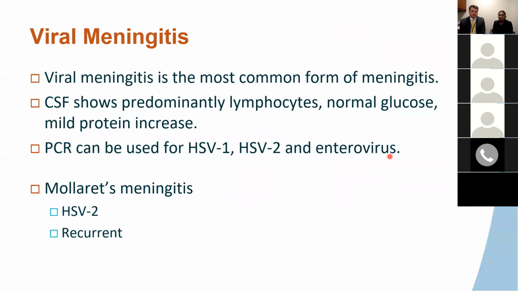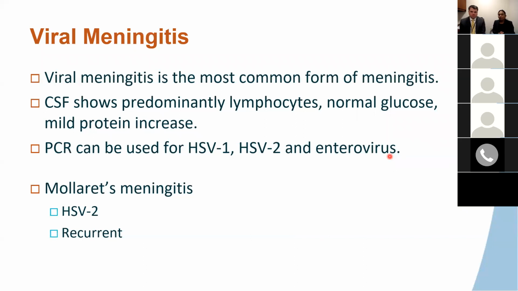So viral meningitis is one of the most common forms of meningitis. CSF usually predominantly shows lymphocytes, as we talked about, and maybe a mild increase in protein, maybe normal glucose. But the big virus that we really worry about, that we could do something about, is herpes, herpes 1 and 2.